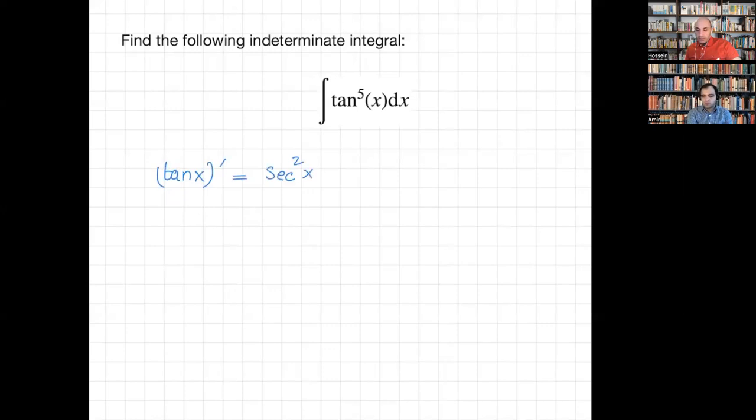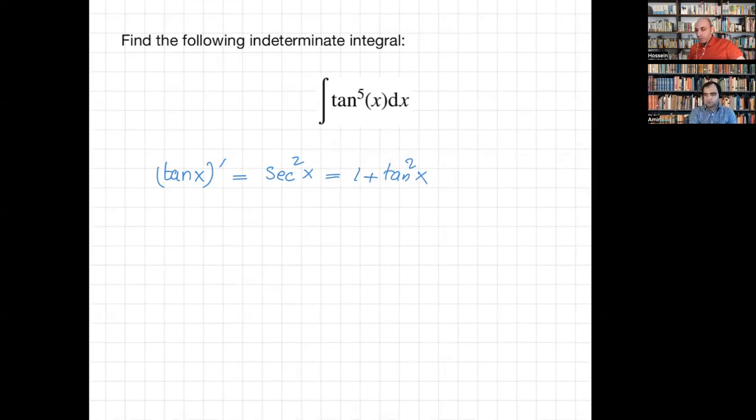And based on one of the trigonometric identities, secant squared is equal to 1 plus tangent squared of x, right?